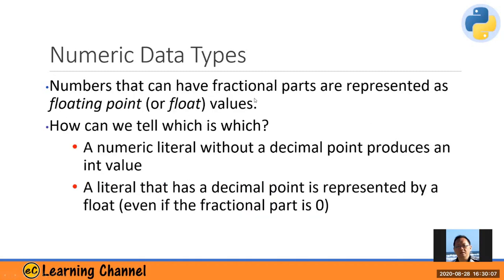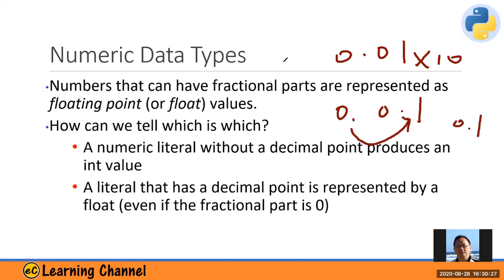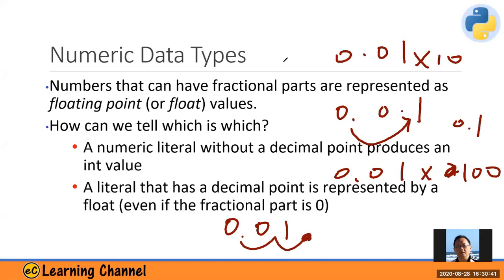A number that can have a fractional part, we call it a floating point number. We call it floating point because if we have a number like 0.01, times 10 means your decimal point moves to the right by 1 digit, so it becomes 0.1. If 0.01 times 100, the decimal point moves 2 digits, so it becomes 1.